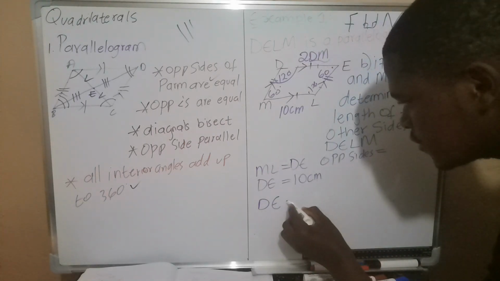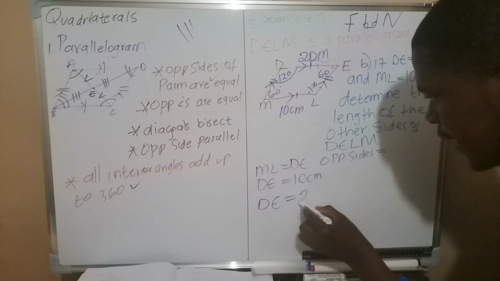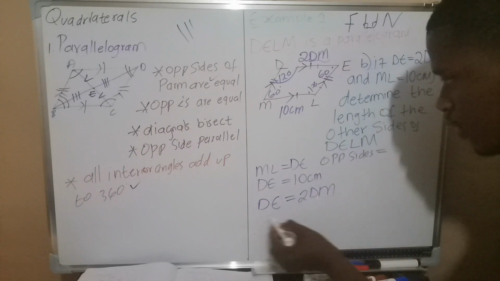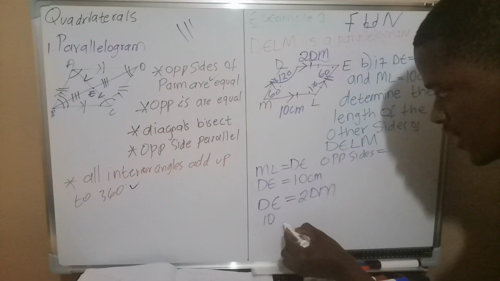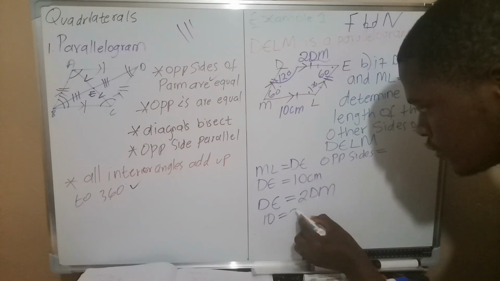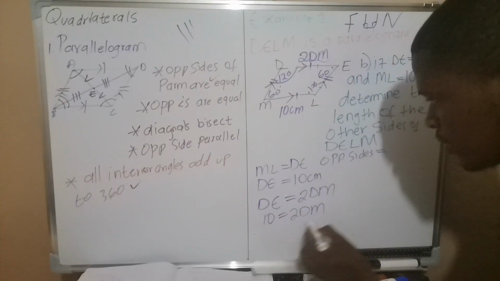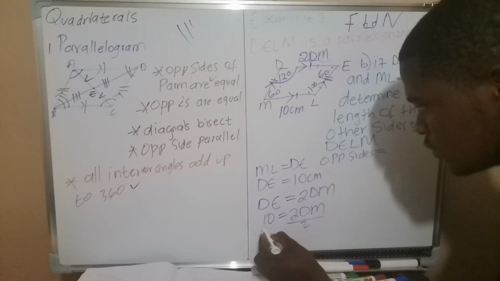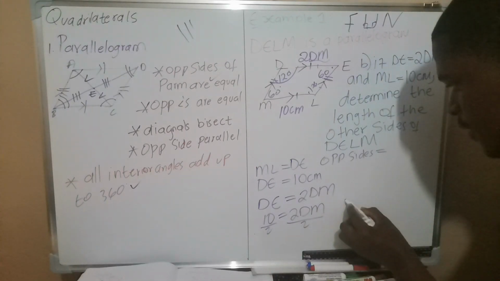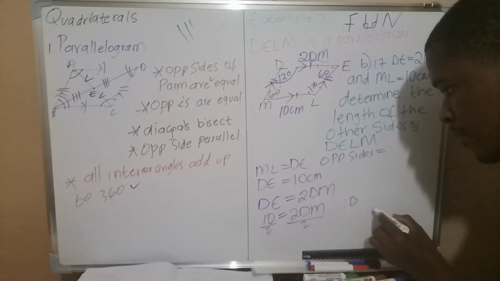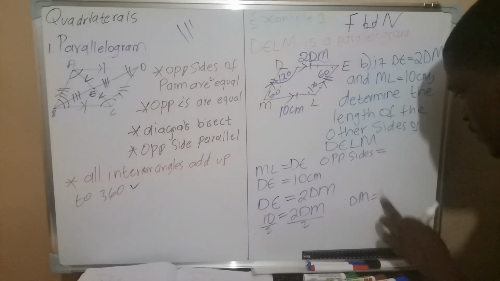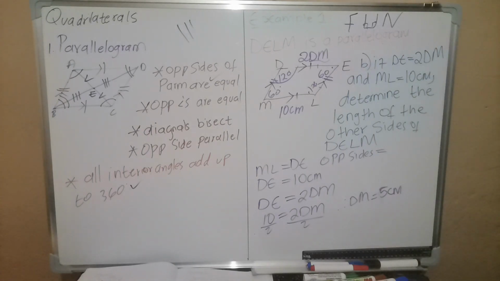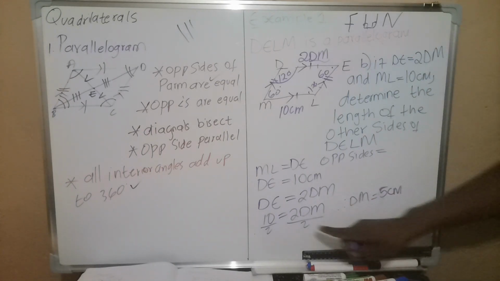We just found 10 here, so we get DM. Then we go 2 times DM, and we divide both sides by 2. Therefore, DM is equal to 5 centimeters.